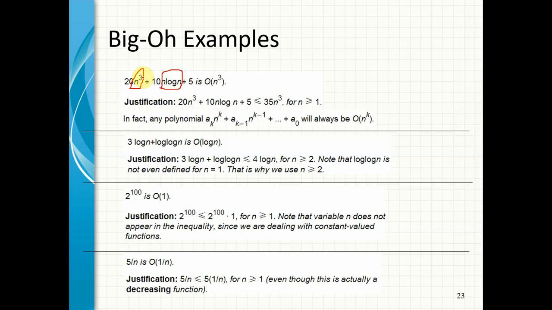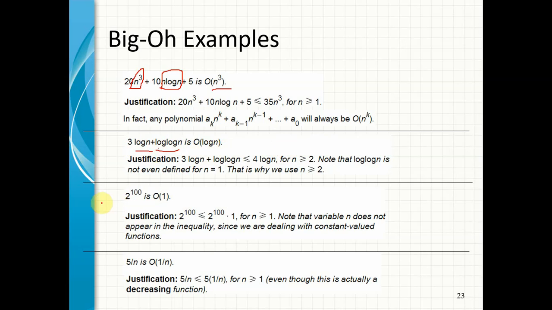Then n squared is of the higher order. Therefore, it would be O(n squared). If it is O(n) versus O(log n), we know that the growth rate of n is greater than that of log n. Therefore, it would say O(n).